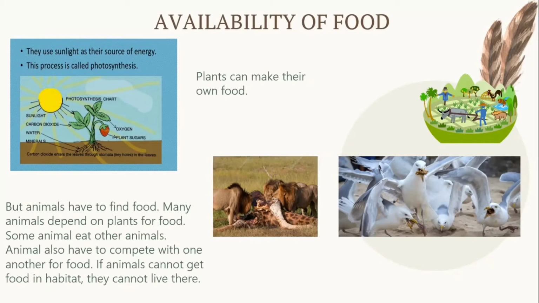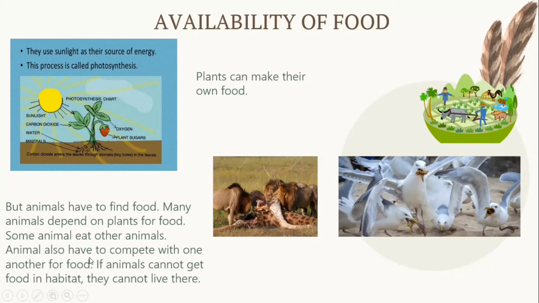For example, herbivores are animals that find food by depending on plants that grow around them, but some kinds of animals like omnivores or carnivores need to eat meat, so some animals need to eat other animals.